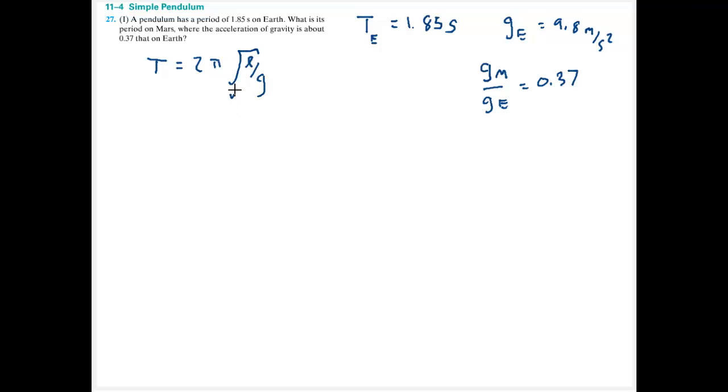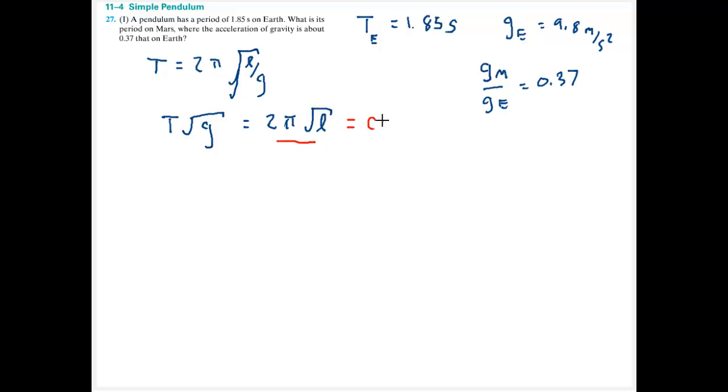Now the length of the pendulum is not going to change whether it's on Earth or whether it's on Mars. So I can multiply both sides of this by the square root of gravity and say that the period multiplied by the square root of gravity must be equal to 2 pi multiplied by the square root of length. And this right here is going to be a constant value no matter where you are, as long as it's the same pendulum, the same length.